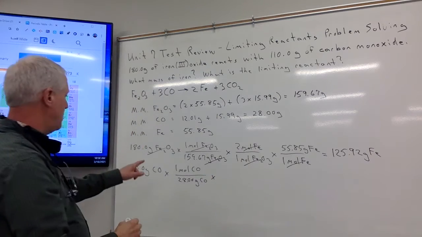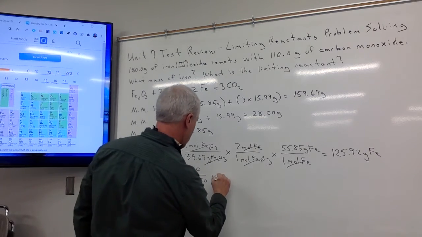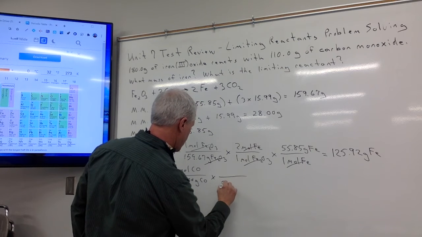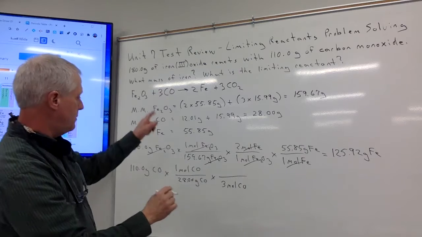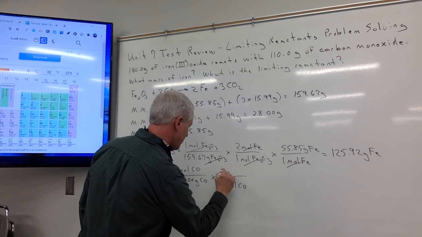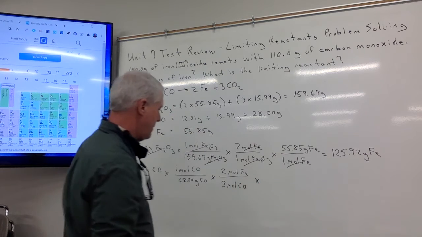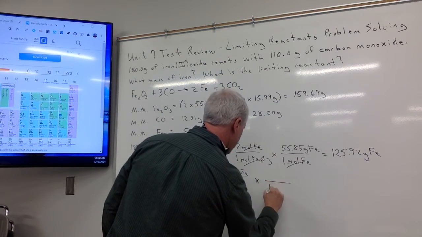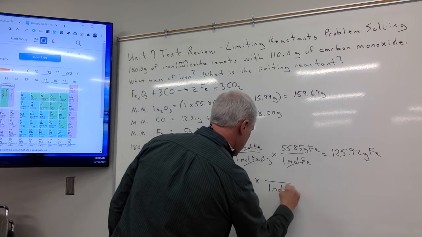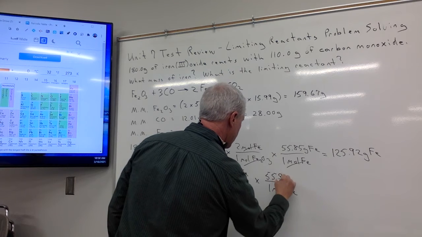Our mole ratio of carbon monoxide is 3 carbon monoxides to 2 moles of iron. And then our molar mass of iron is the same, which is 55.85.